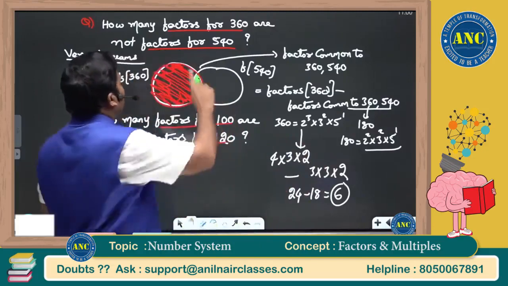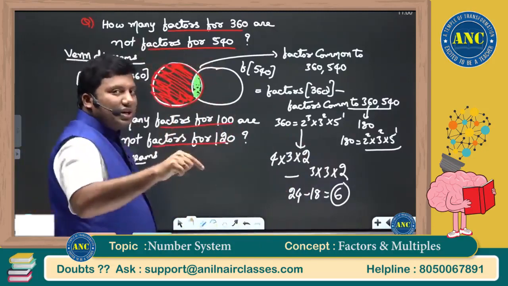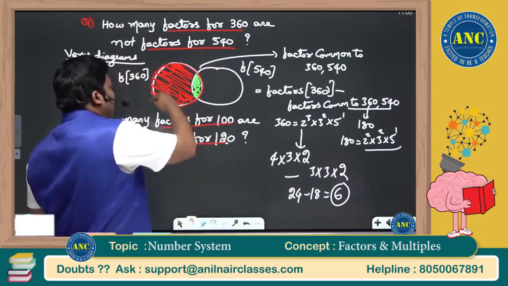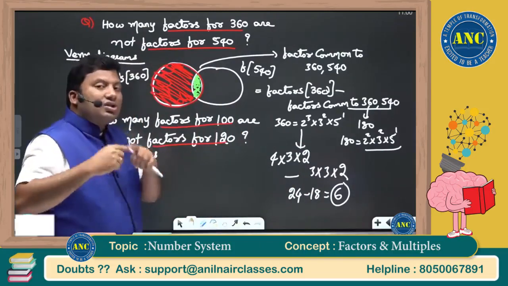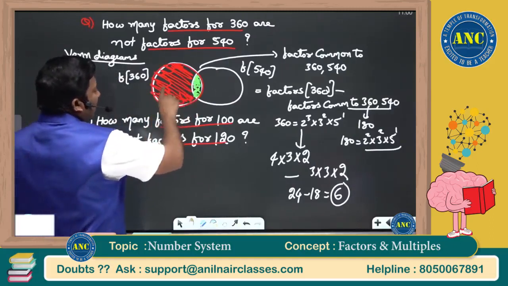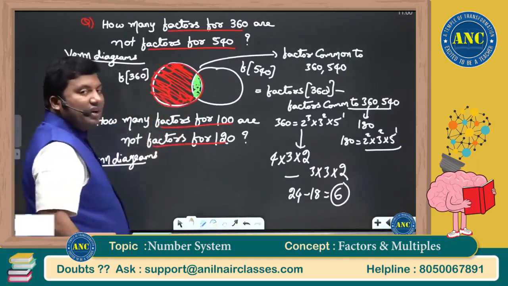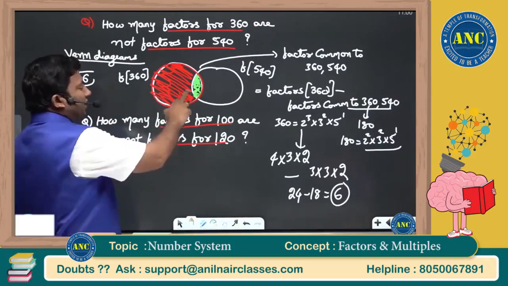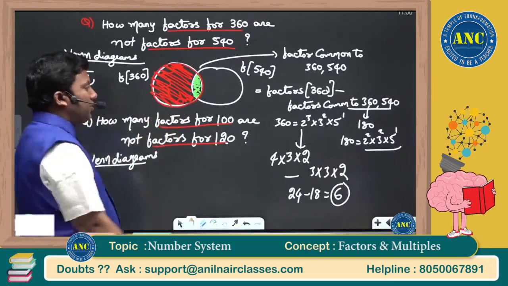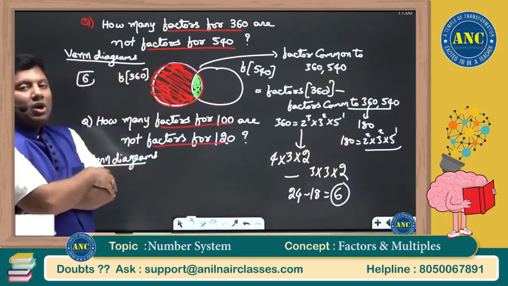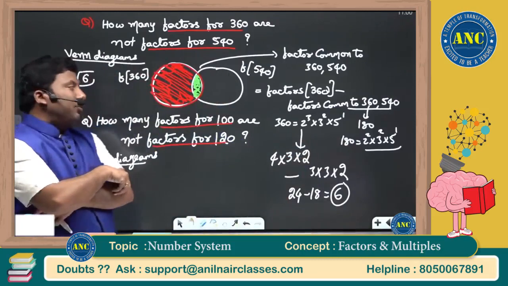Read the question again. How many factors for 360? I need to work on the factors of 360. In those factors of 360, there are certain factors which are common to 360 and 540. Factors which are common to 360 and 540 are in the green shaded portion, which is 180. 180 is 2 square into 3 square into 5 power 1.